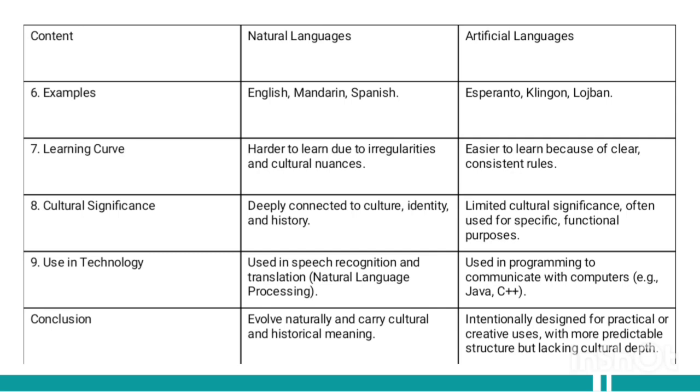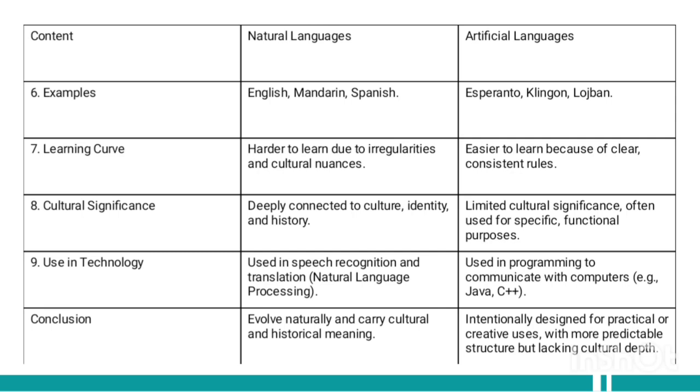Next one, cultural significance. Natural languages are deeply tied to the culture, identity and history of the people who speak them. For example, Spanish is not just a way of communication, it carries the cultural heritage of Spain and Latin America, with specific historical references and traditions embedded in the language. Artificial languages generally have limited cultural significance.